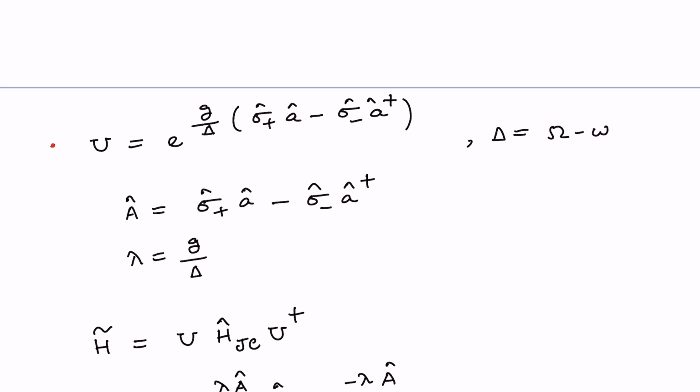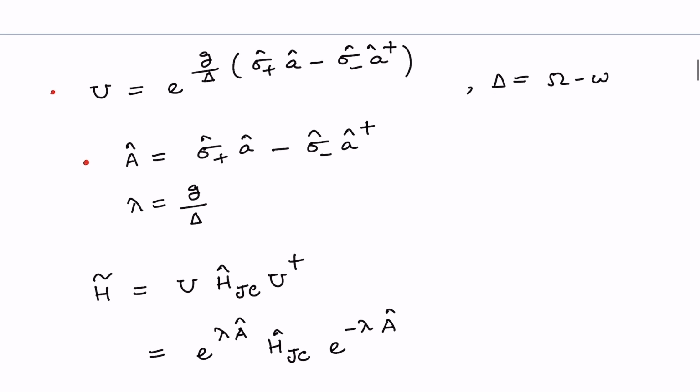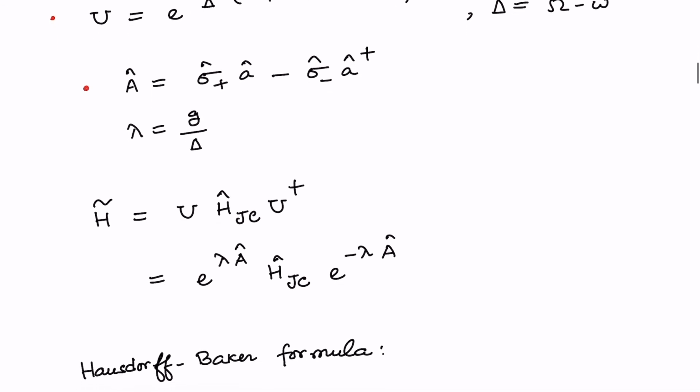Now let me take A equal to sigma dagger a minus a dagger, and lambda is a parameter I am taking as z by delta, and then you can use this to transform the Hamiltonian. We do not have a time dependent part here, because this transformation, as you can see, is time independent.